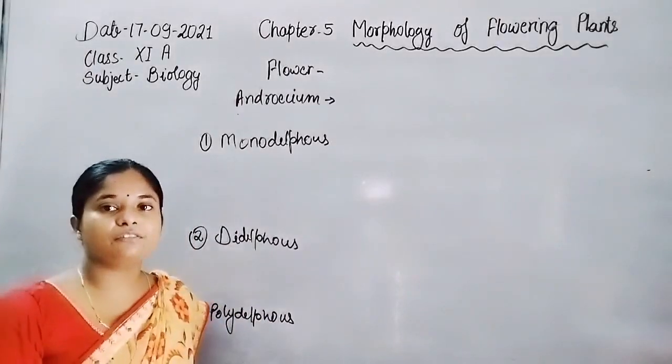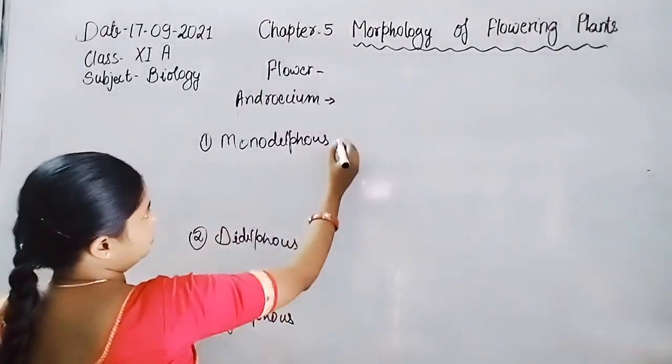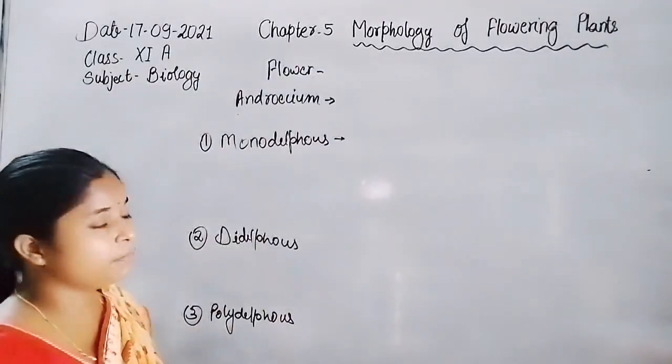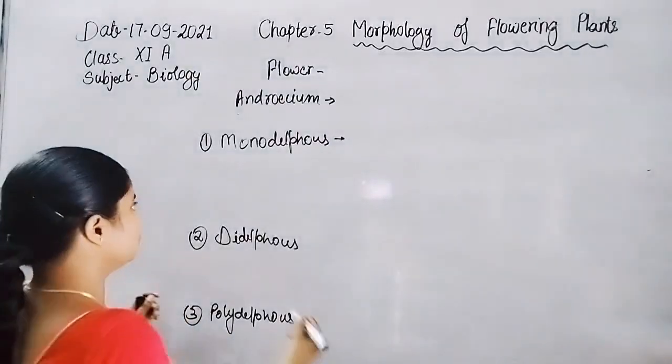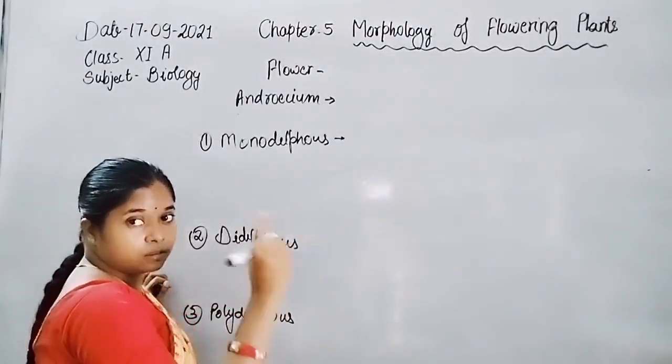Monodelphous, didelphous, polydelphous. In the monodelphous type of Androecium, the stamens are present in a single bundle. So more than one stamen is present, and there is only one bundle.